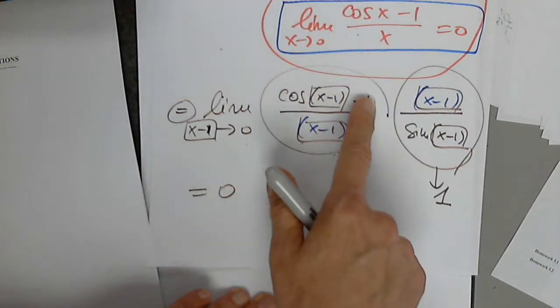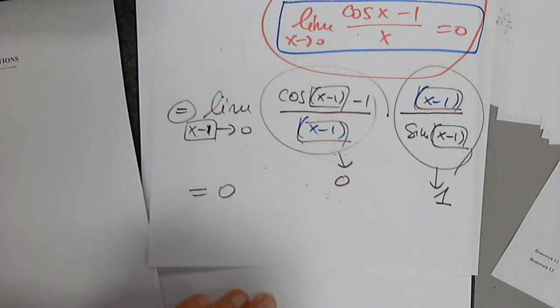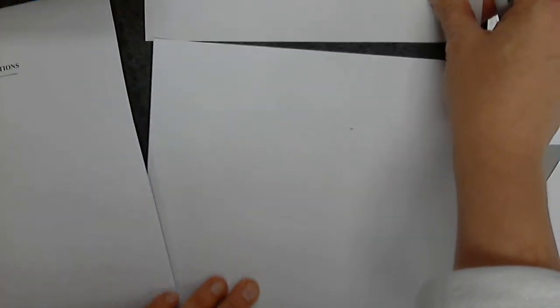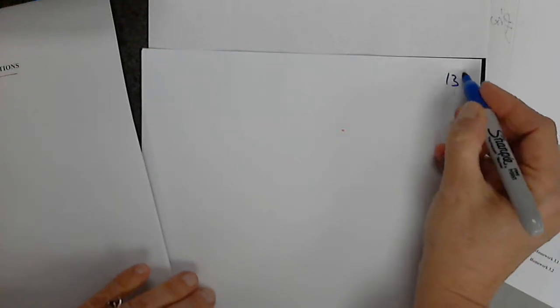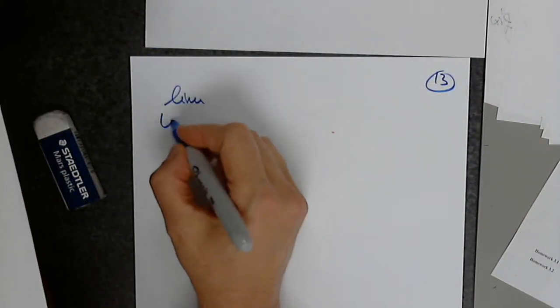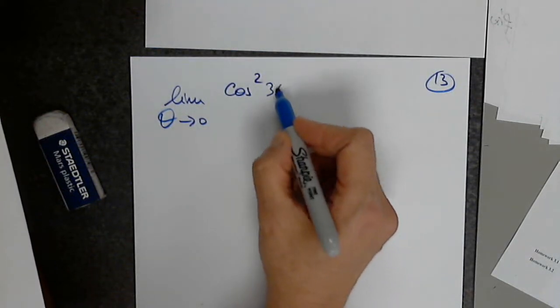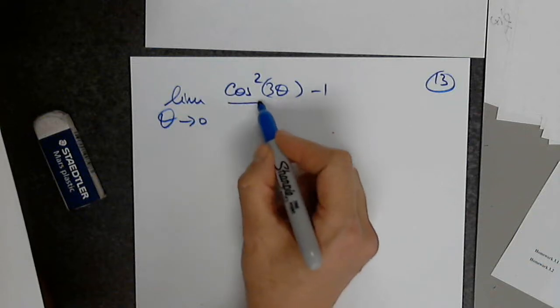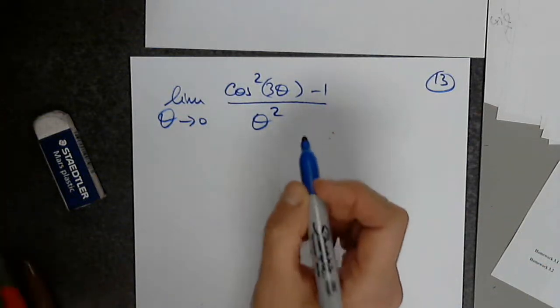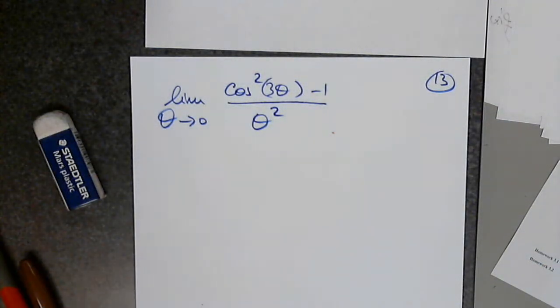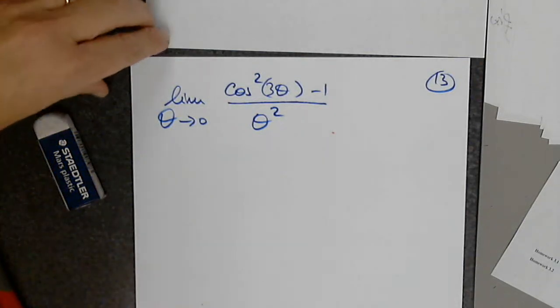Cosine blah minus 1 over blah. Okay. So the next one is limit when theta approaches 0 of cosine squared 3 theta minus 1 divided by theta squared. You can always go back to Maple and check all these limits. Always.